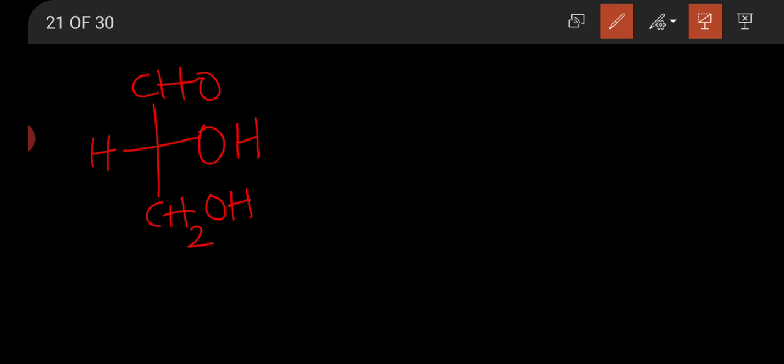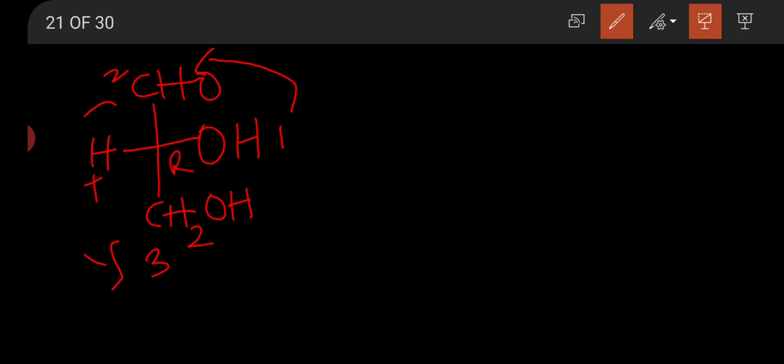Okay, giving configuration to this molecule according to the Cahn-Ingold-Prelog rule, the OH group is first priority, CHO is second priority, CH2OH is third priority, H is fourth priority. Okay, 1 to 2, 2 to 3 is anti-clockwise and it is R configuration.